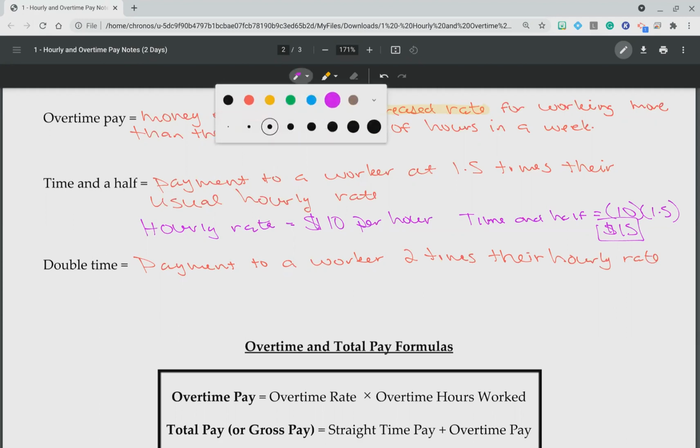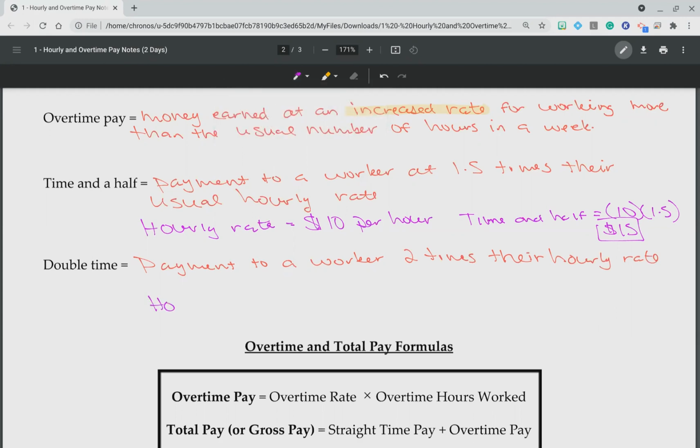So using that same example, let's say your hourly rate was $10 an hour. Double time, well, that one's a little bit easier, would just be doubling that, and you would be making $20 an hour overtime.